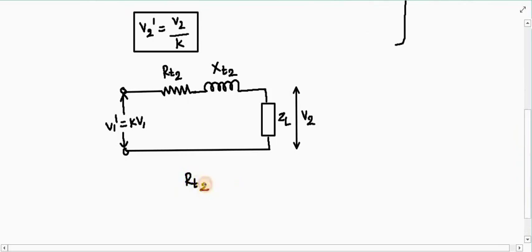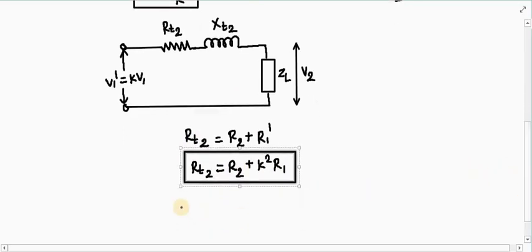RT2 is nothing but the total effective resistance of the transformer referred to the secondary side, and it is nothing but the secondary side resistance plus the primary side resistance referred to the secondary side, that is R1 dash. If I convert that in terms of your transformation ratio, it will become K square R1. So my RT2 is nothing but R2 plus K square R1.